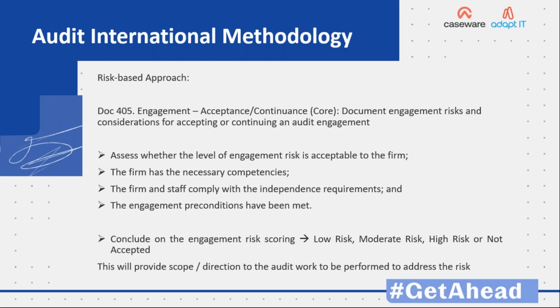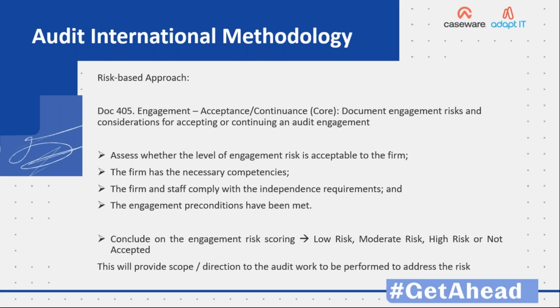This will really guide you to understand the scope and direction of audit work to be performed to address the risk. I've seen here a question again asking about room for judgment. What about how do we know how many procedures to insert, etc.? Everything starts from the acceptance, the document 405.